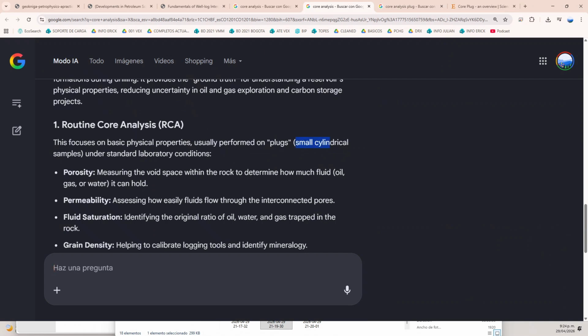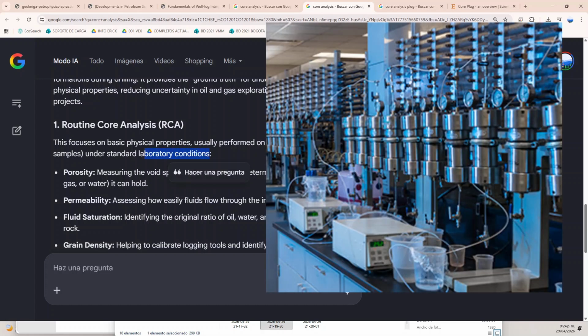In these small cylindrical samples we can test things under standard laboratory conditions. We have to understand that the rock is buried inside the earth, and down there the rock has certain conditions of temperature and pressure. When we take the core out to the surface, we are obviously changing the environment, the conditions.